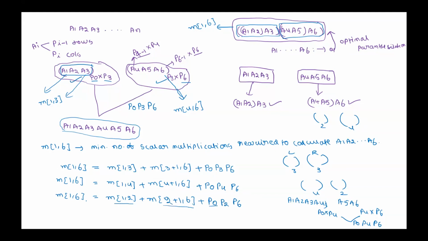P0 always, the resultant will have the number of rows of the first matrix and the number of columns of the last matrix, that is P6. This resultant matrix requires P0 rows and P6 columns. How many multiplications does it decide? If it is 2, here we will get P2. If it is 4, here we will get P4. If it is 3, here we will get P3.